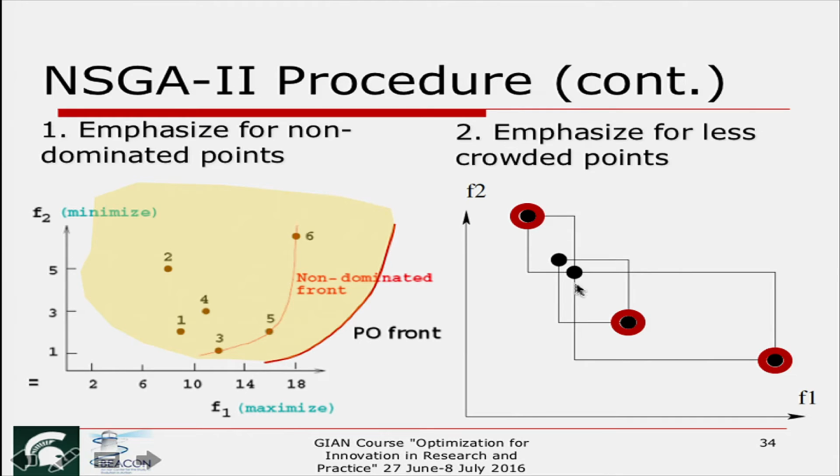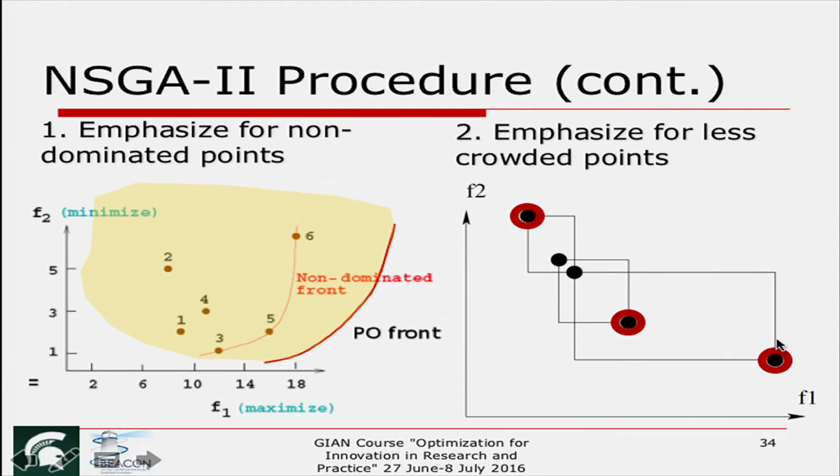Okay? So each point I can now compute the crowding. So see, for this point, the crowding distance will be this plus that. For this point, it is this plus that, right? For this point, it is this plus that. And for the 2 extremes, they are infinite crowding distance. Now what I do is sort all these members in a decreasing order of crowding distance so that these 2 are on the top.